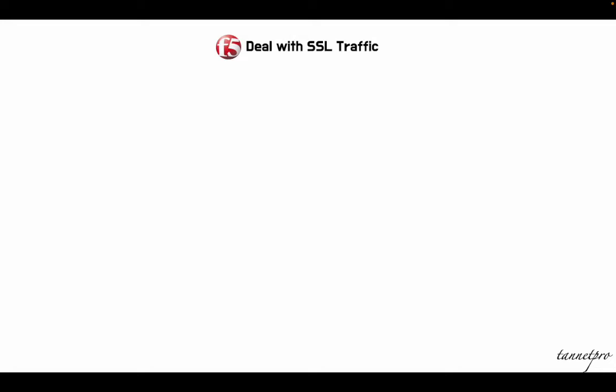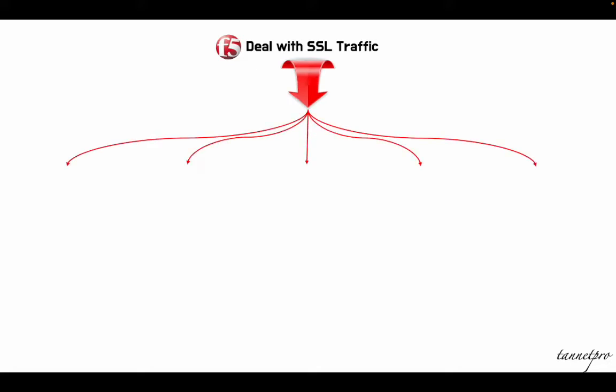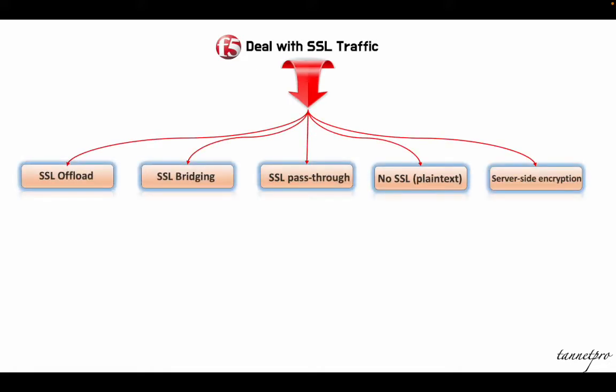So how does F5 deal with SSL traffic? It deals with it in these ways: SSL offload, SSL bridging, SSL pass through, no SSL or plain text, where it will not encapsulate or decapsulate, and server side encryption. So these are the 5 types of SSL mechanisms with which F5 deals with SSL traffic.